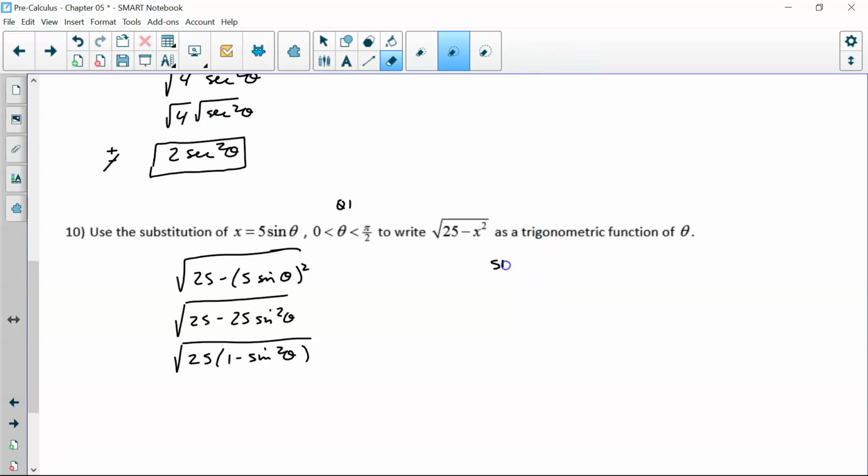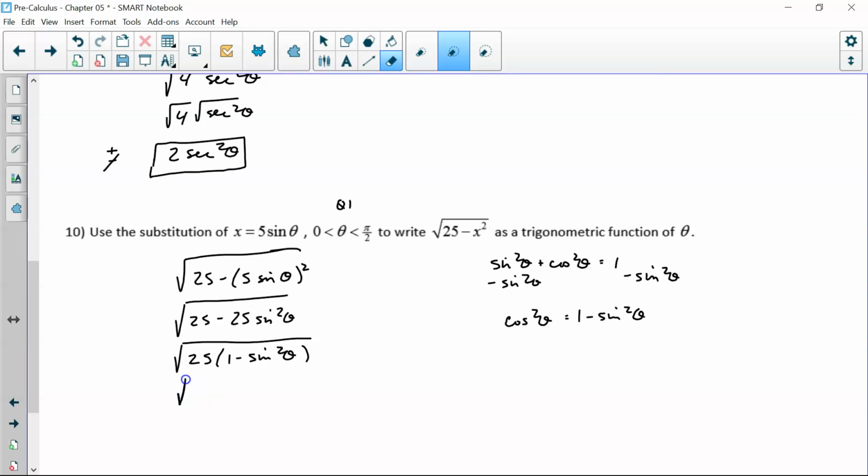Sine squared theta plus cosine squared theta equals 1. To get the 1 and the sine squared on the same side, subtract sine squared theta from both sides. So we get cosine squared theta equals 1 minus sine squared theta.